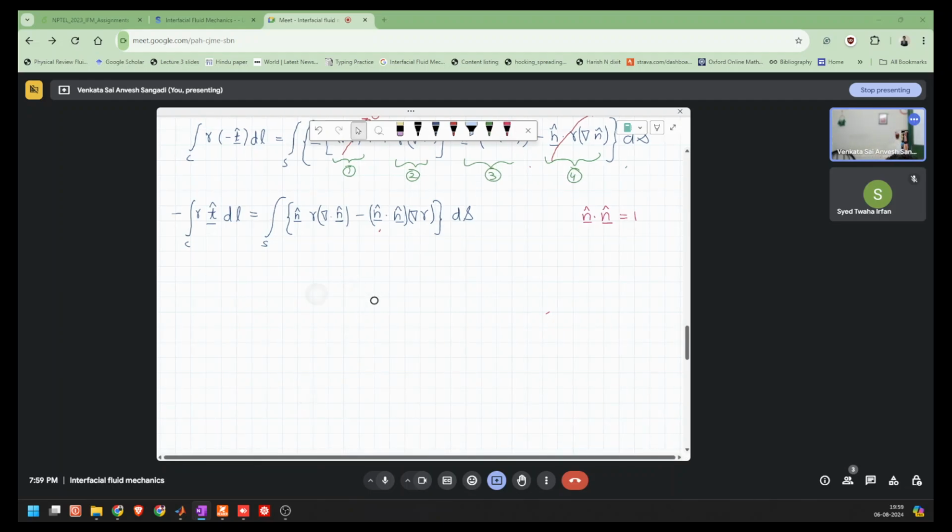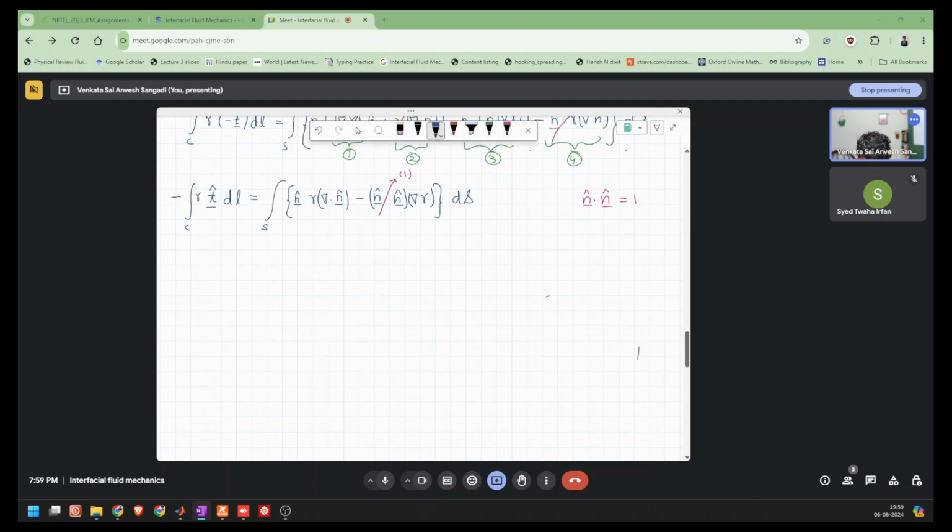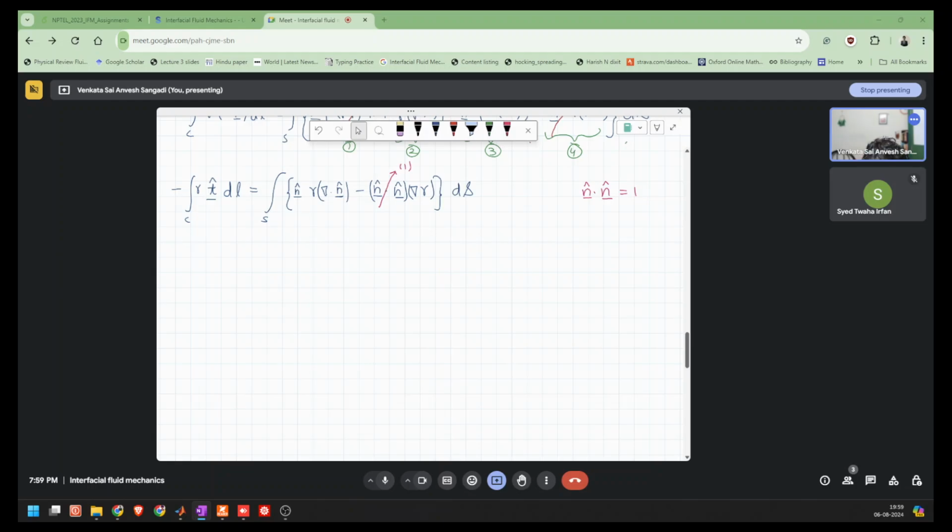Substituting this here, we have minus the contour integral of gamma dL is equal to the integral over the surface.